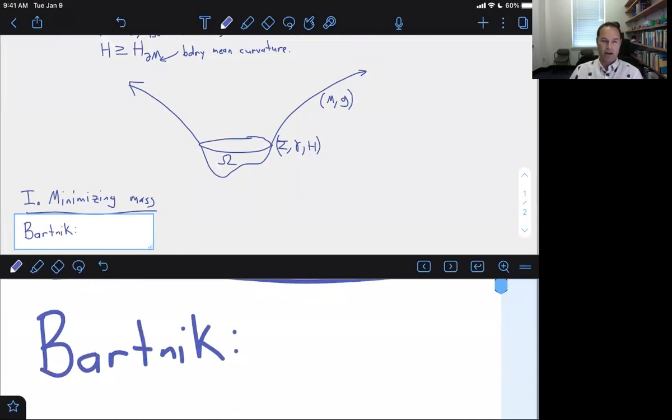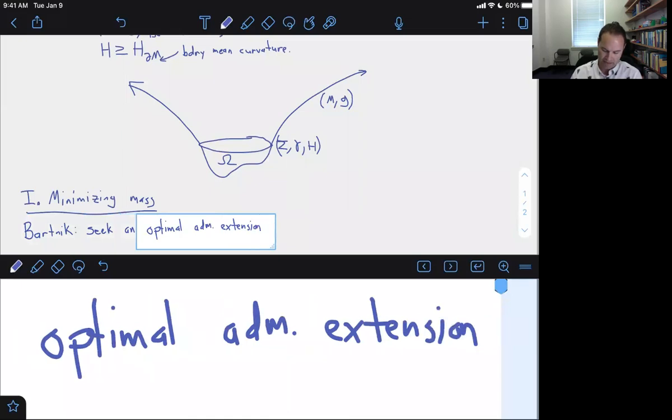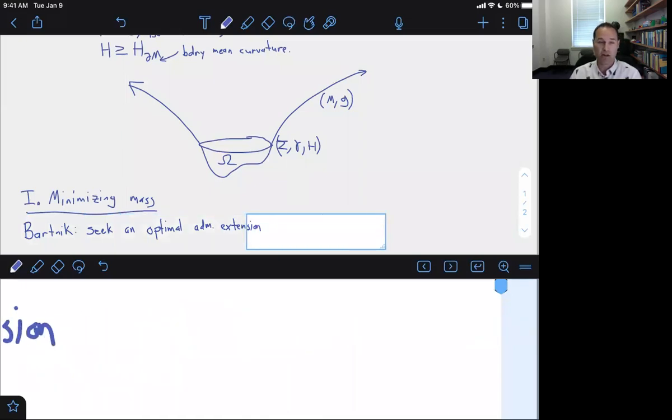The idea here, proposed by Bartnik back in the 80s, is essentially to seek an optimal admissible extension, some extension that's somehow geometrically optimal. The point of view he was taking is that optimal here would mean the least possible mass.